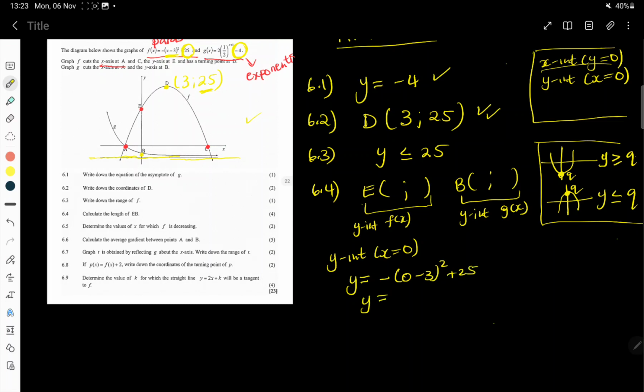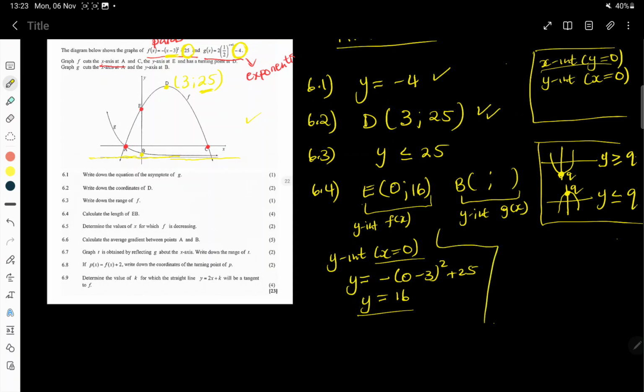Then you punch in your calculator. So you're going to get 16. So it means E will be 0, and then 16, the y value obtained.